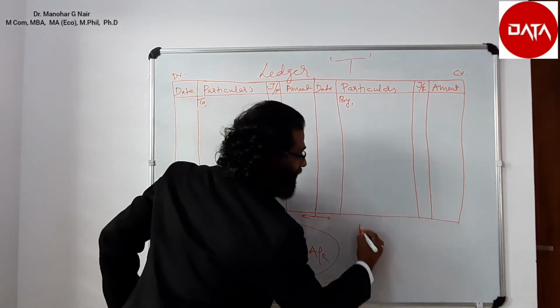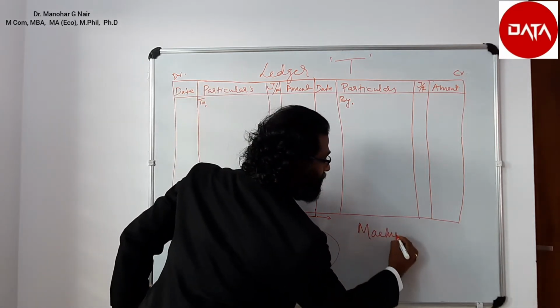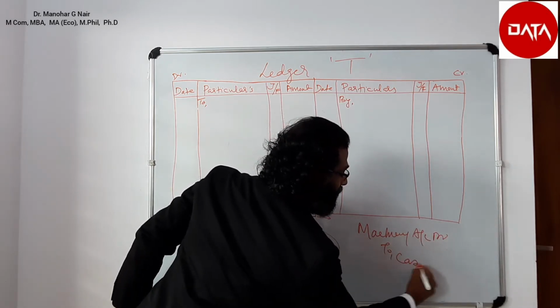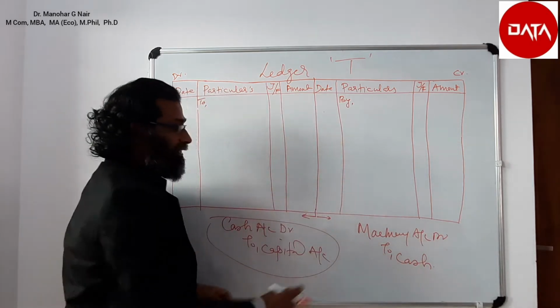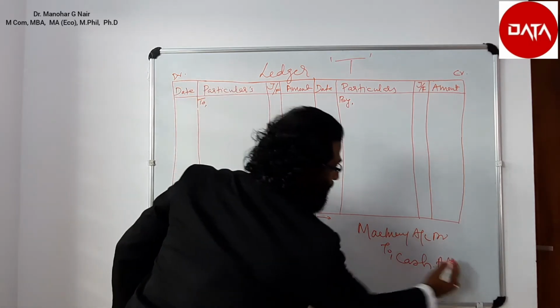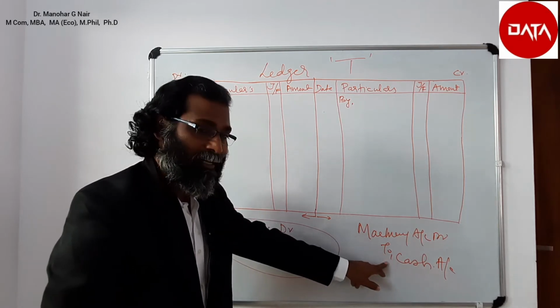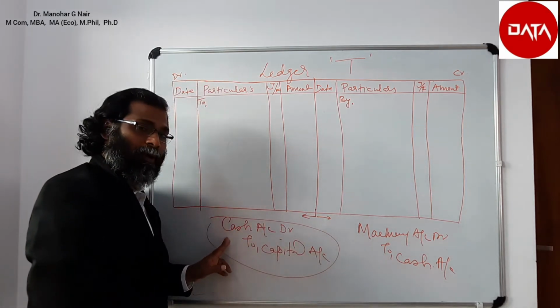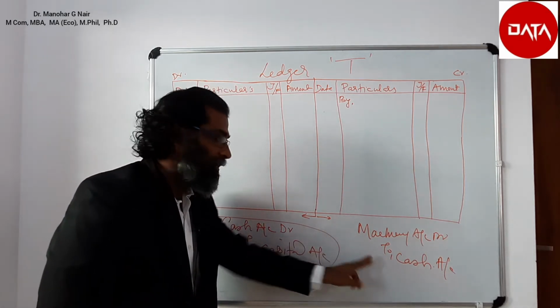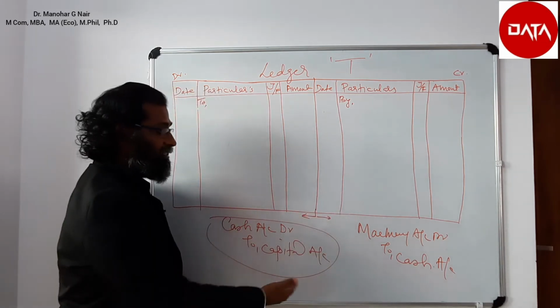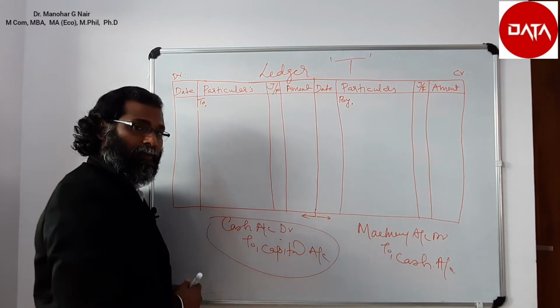Similarly, machinery account debtor to cash. With this journal also we have to make two ledger accounts: one is machinery account, another one is cash account. If we have already opened a cash account, then we need not open it again, so we open the capital account and machinery account, because the cash account is already opened.